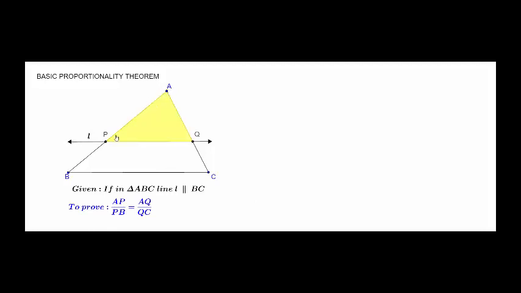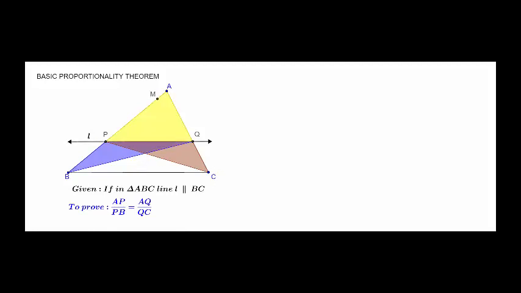So if triangle APQ is considered and if we join BQ, then we get another triangle which is shown in blue color. If we join CP, we get another triangle CPQ which is shown in brown color.